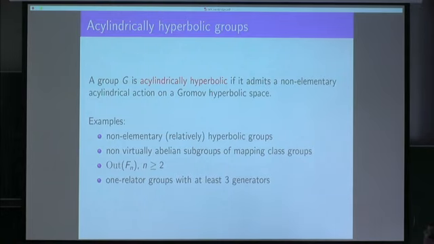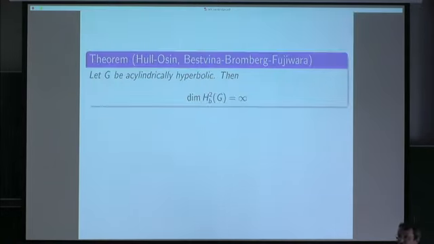Okay? And it can be shown that the second bounded cohomology of any of these groups is infinite dimensional. There are several ways to prove this. For example, Bestvina, Bromberg, and Fujiwara proved this by constructing a lot of quasimorphisms. In fact, they proved this statement for very general coefficient modules. Another way to prove this statement is due to Hull and Osin, and it is very similar to what we will do today in this talk.